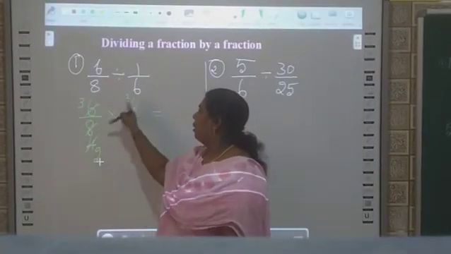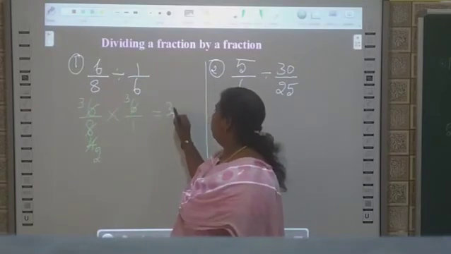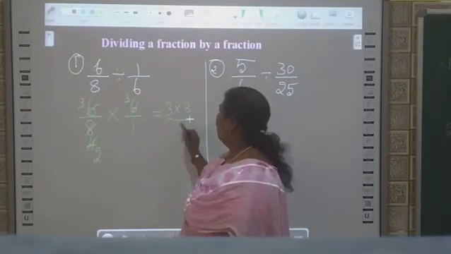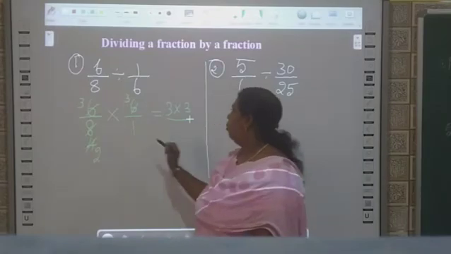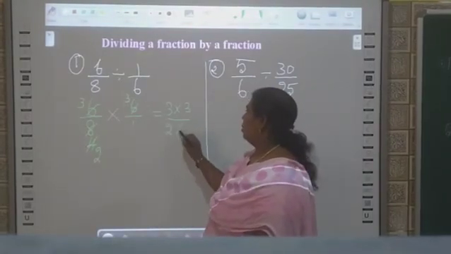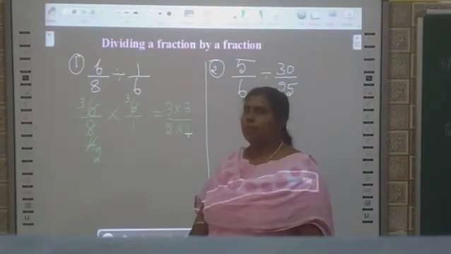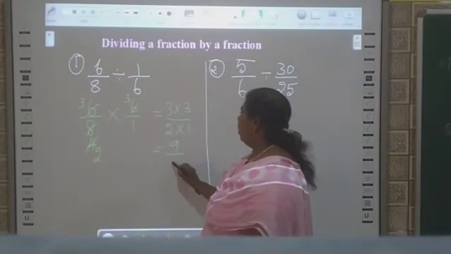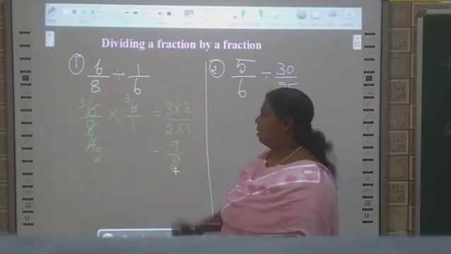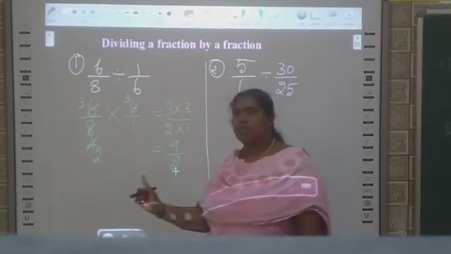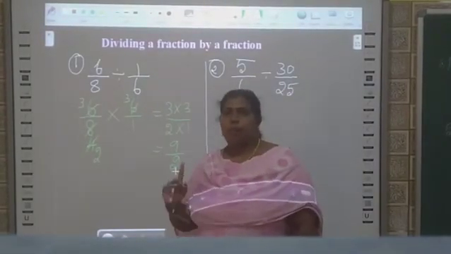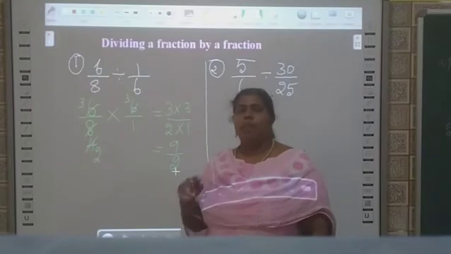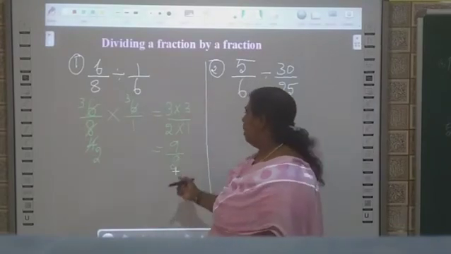Next we have to multiply. 3 into 3 divided by 2 into 1. 3 times 3 is 9, divided by 2 into 1, which is 2. Now is this fraction proper or improper? Improper fraction, 9 divided by 2.